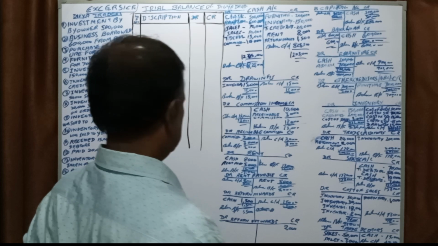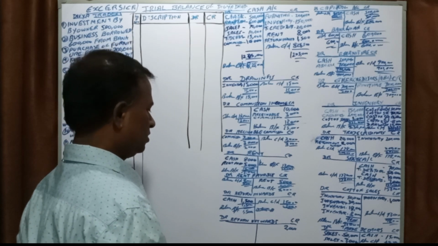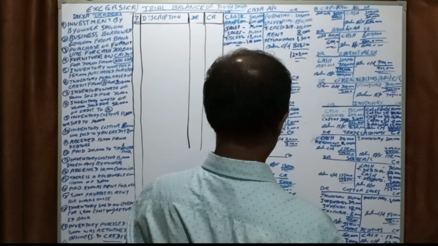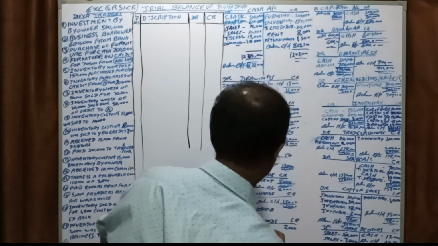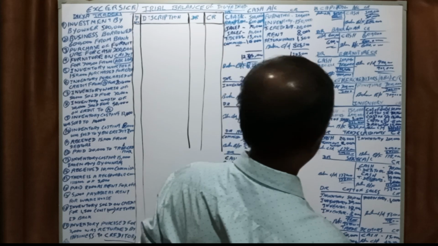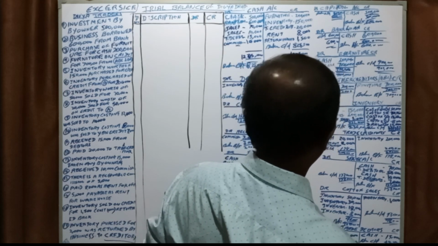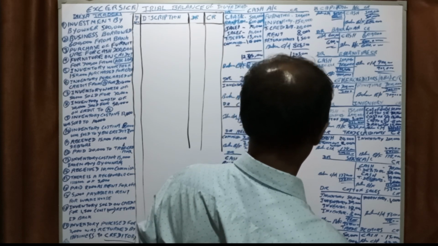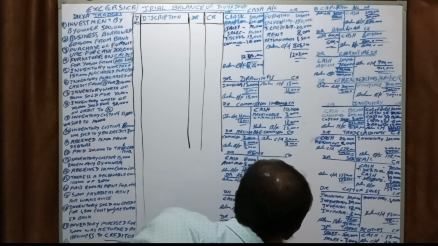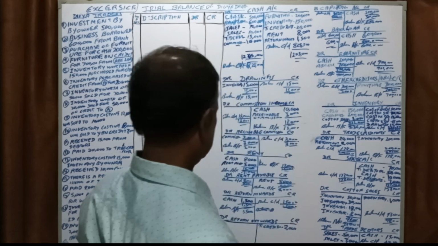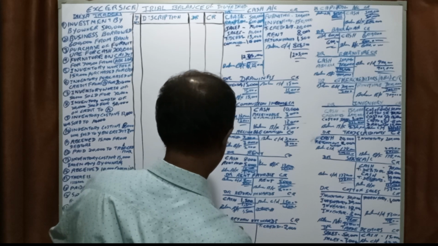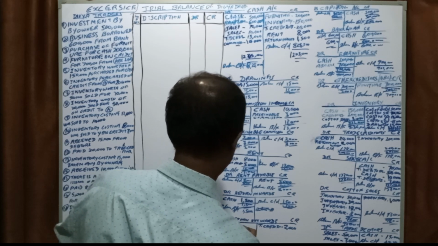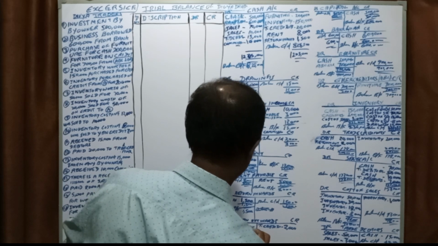Okay, here return inwards. This is return inwards, where we have transferred this return inwards. Trade creditors, outwards. Here balance carried down 2,000.